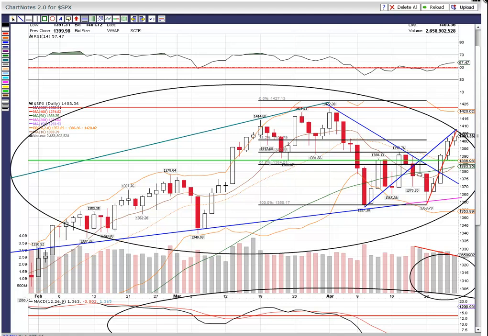As long as 1384.51 holds, which is the golden retrace of this entire range, we're still in a bearish move higher, and we could go higher on the index. I'll get rid of it because we've got two green lines there now. But that's the level we're looking for.